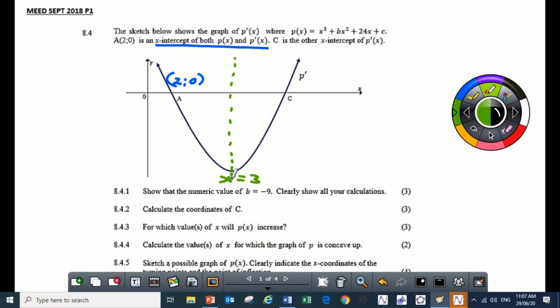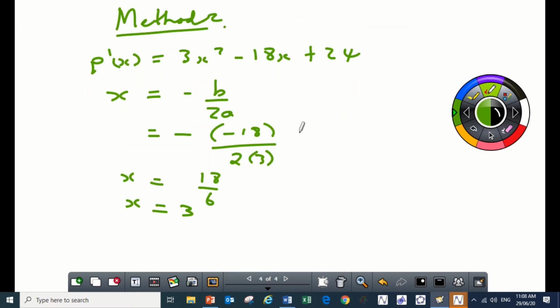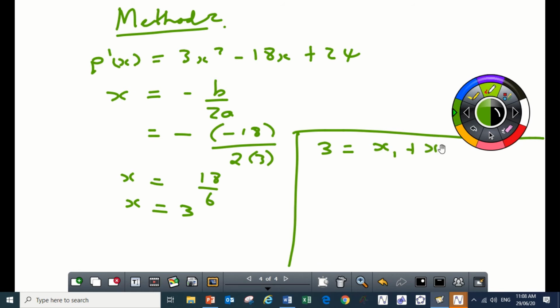Okay? Let me do it here. I hope you are paying attention. So my 3, this x equal to 3, is a result of adding x1 plus x2 and dividing by 2. But this x1 is a 2.